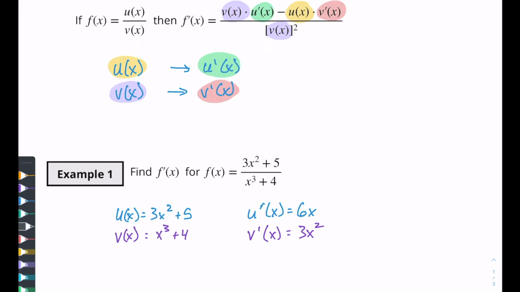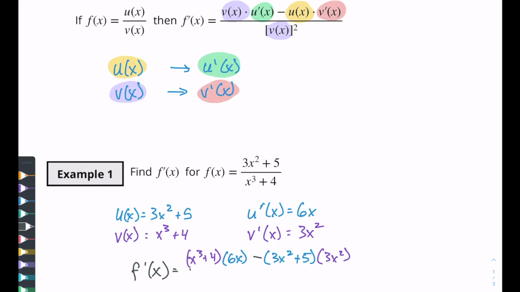All right, let's do this whole thing now. So our derivative, f prime of x, is going to equal the original v of x. So we've got x cubed plus 4, times the derivative of u, which is 6x, minus the original u, which is 3x squared plus 5, times the derivative of v, which is 3x squared.